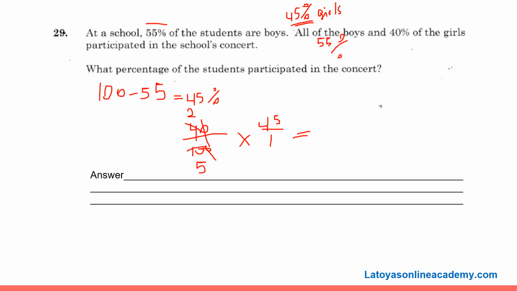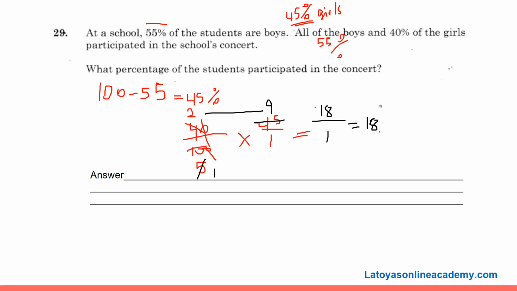And look at this, I can reduce again. Let me use the next color. I can say 5 into 5 is 1, and 5 can go into 45, 5 times table, say you all, 9. What am I left with? 2 times 9, 18, over 1 times 1 is 1. So I'm getting 18.